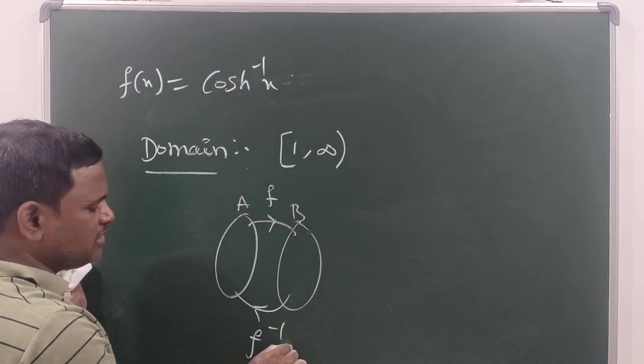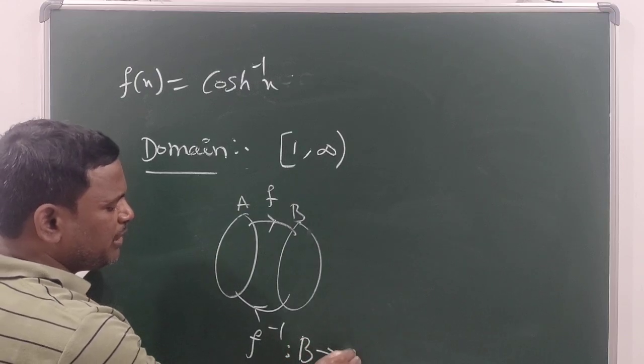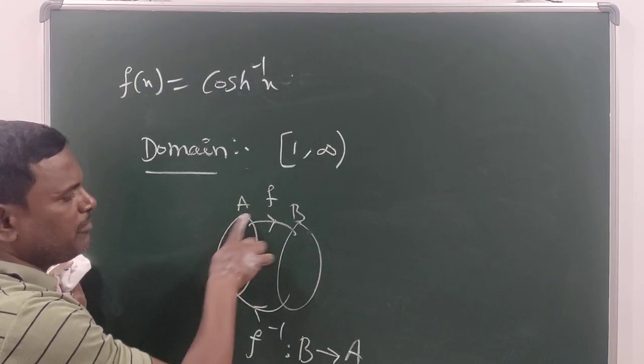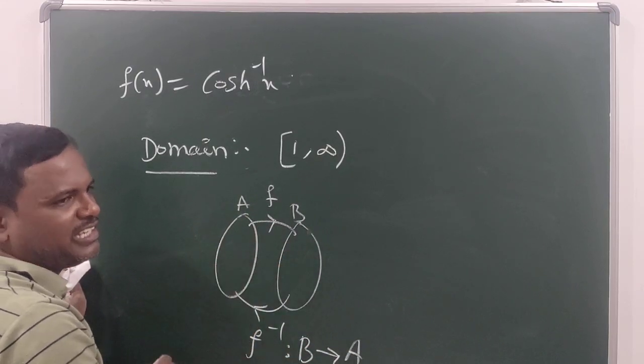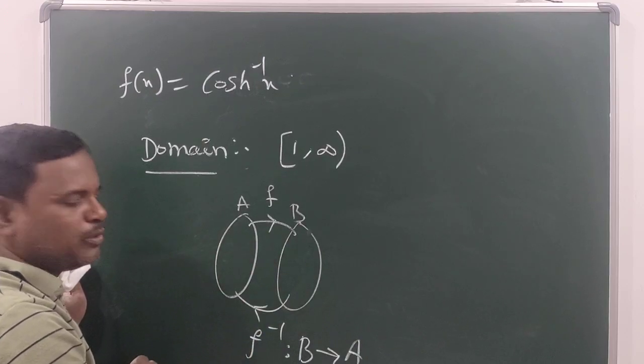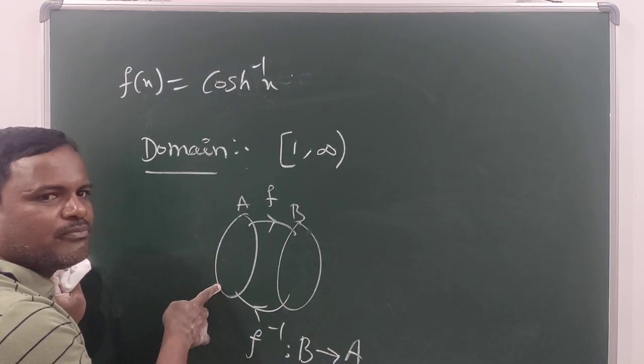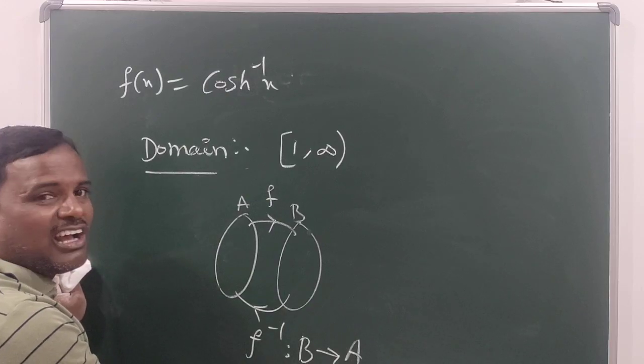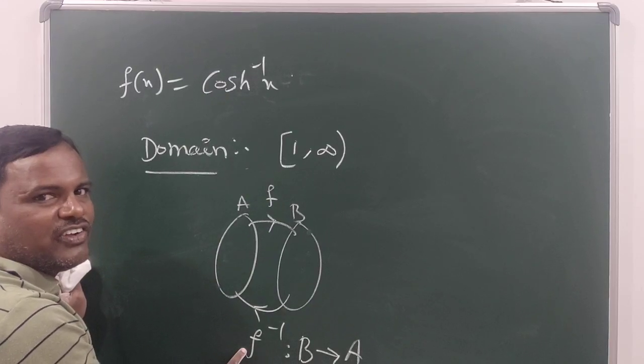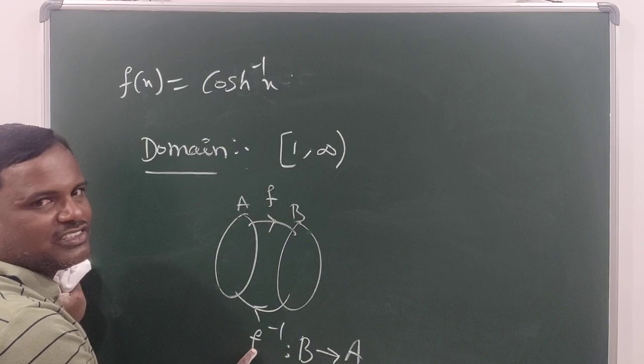Its inverse function will map from b to a. F is a mapping from a to b, a is the domain, b is the range. If it is bijective, then f inverse will map from b to a. B will be the domain for f inverse, a will be the range for f inverse.